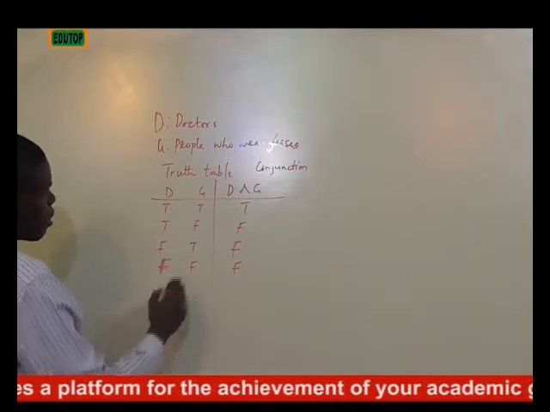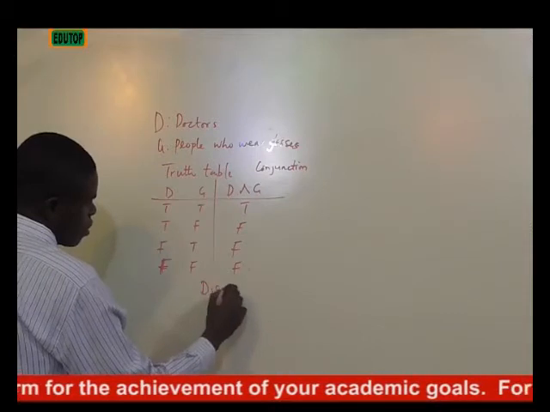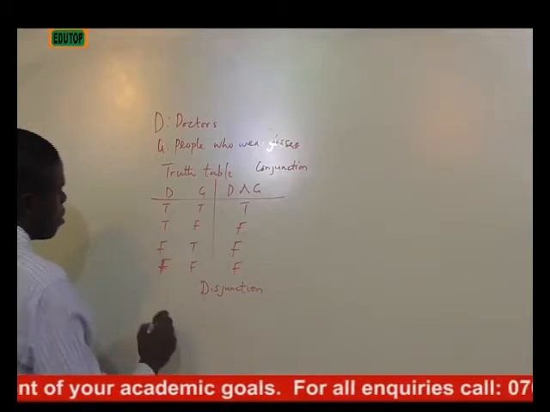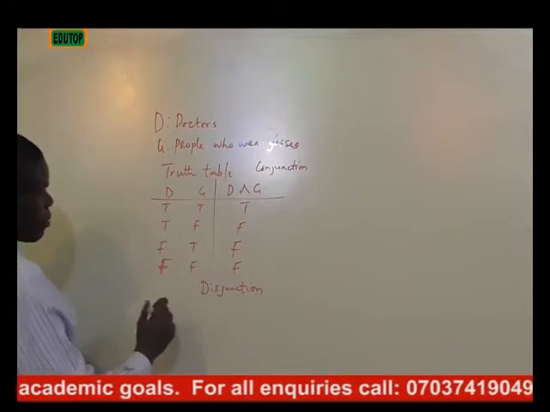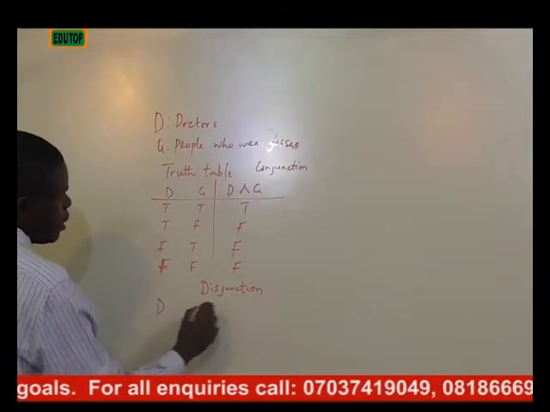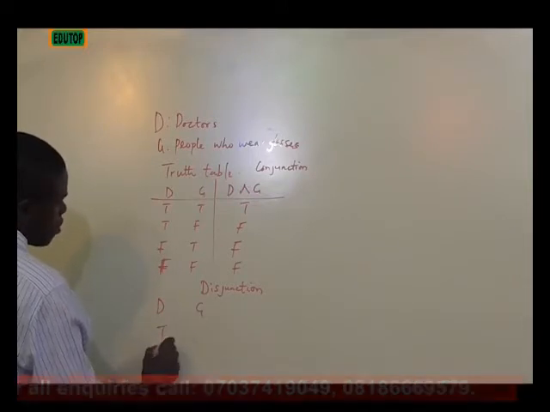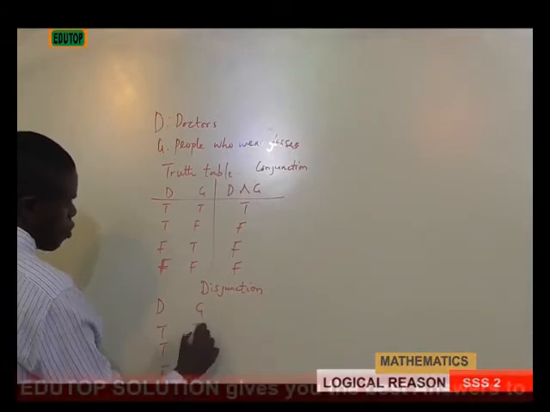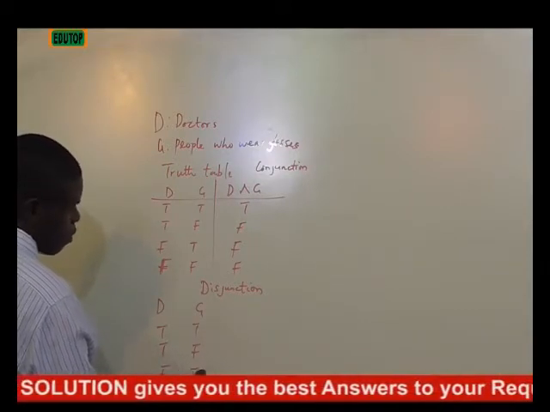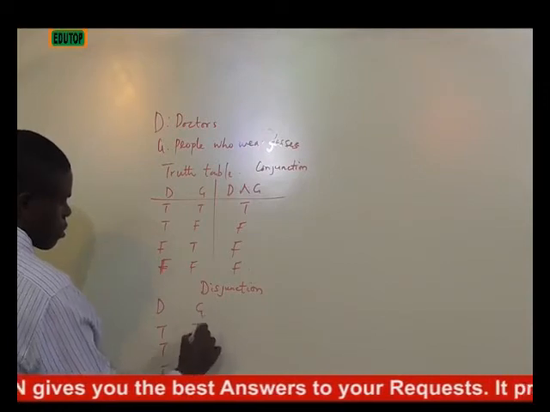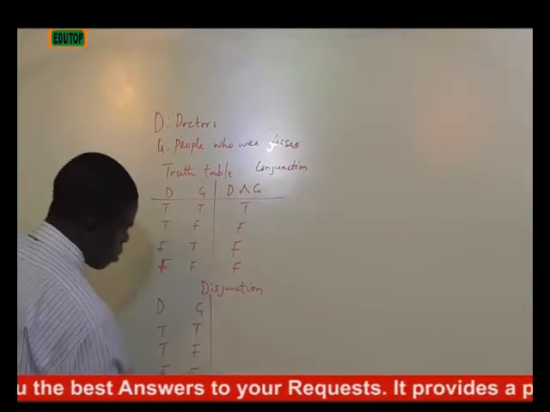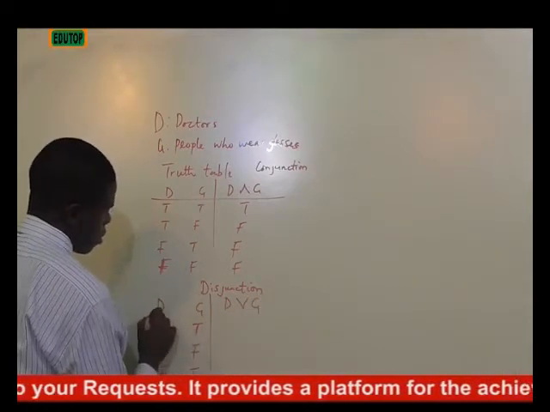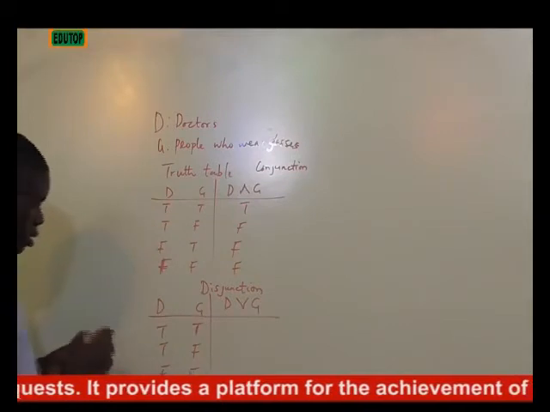For the disjunction, you have D and G: true, true; true, false; false, true; and false, false.